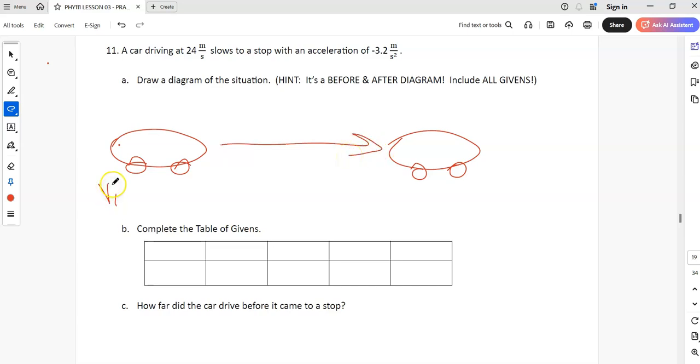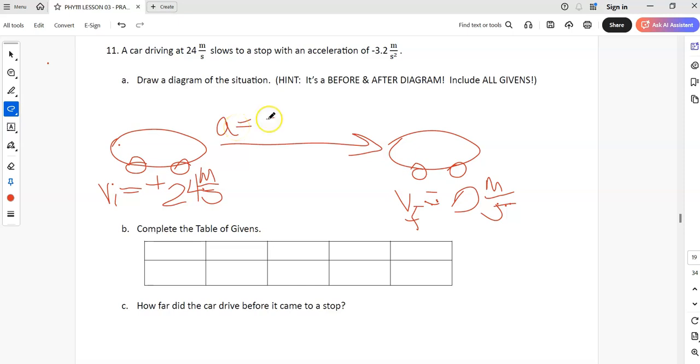We know our initial velocity is positive 24 meters per second, and since it comes to a stop, our final velocity is 0 meters per second. And then, of course, our third number is right in the problem. It says that what happened was there was an acceleration, a negative acceleration.